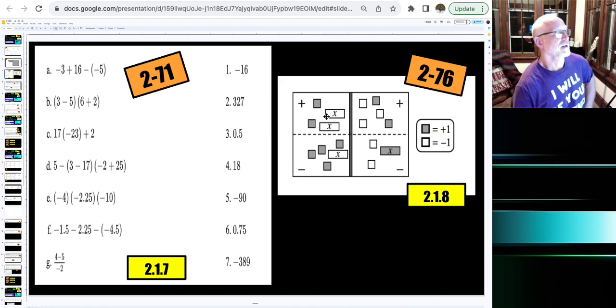It says negative 2x plus 3 opposite negative x plus 4 equals 2 subtract 3 opposite x subtract 2 parentheses. Can you write that out? Then if you can write it out, can you solve it?